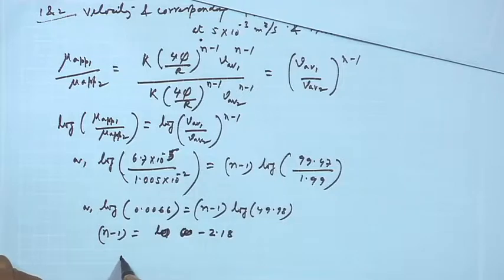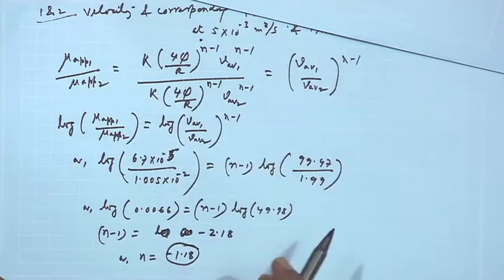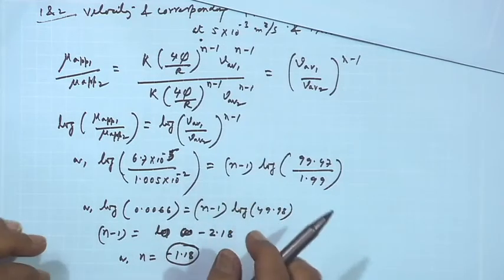So n is equal to this plus 1, minus 1.18. Just check whether this value is correct or not. Okay, today we will continue in the next class. Thank you.